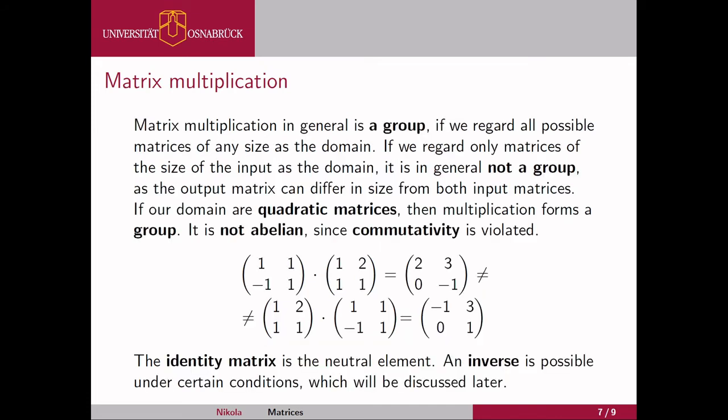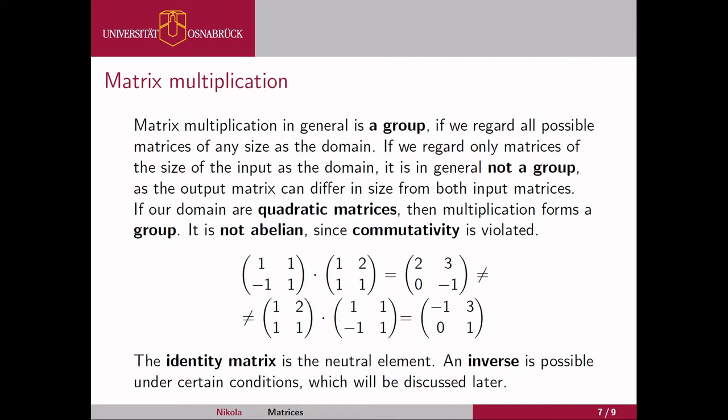So now we can ask a question: we can multiply two matrices, but does this operation have any kind of property? The question is kind of difficult to ask.